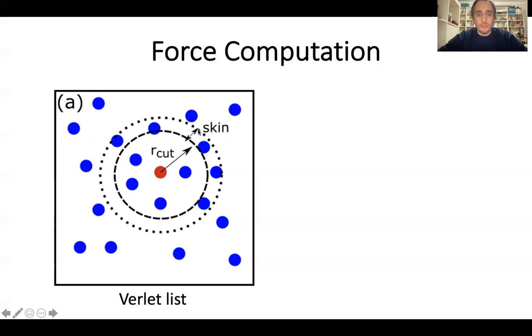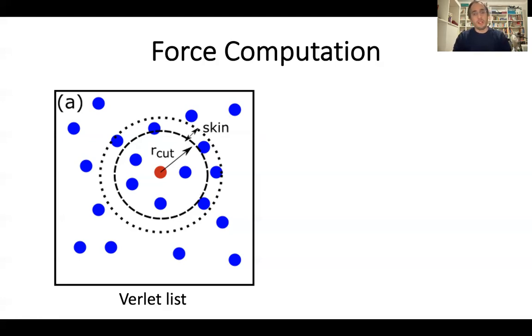Choosing the size of the skin is a trade-off. If it's a very large skin, you have a lot of particles in your neighbor list. You don't need to update it every time step, so you can keep it for many time steps between updates.